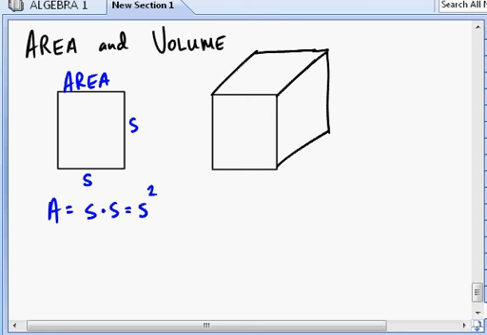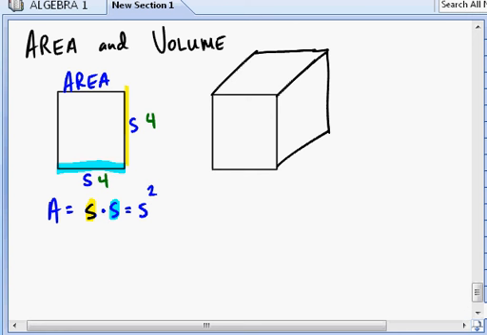So if you have a square and you have to find the area, you do one side times the other side. And that'll tell you the area. For example, if this side was a 4 and this side was a 4, the area would be 16, right? Yeah, 4 to the second.